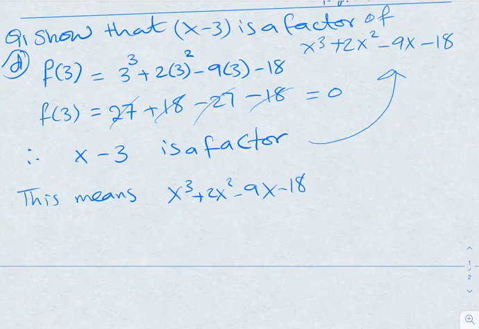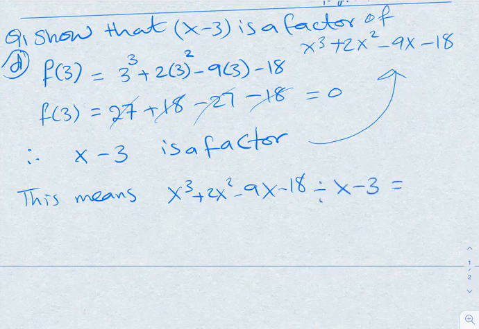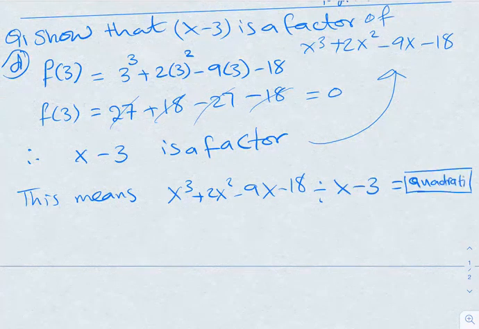That means you can divide this function by x minus 3 and you will get a quadratic term. That means x squared something. Right. I hope you understand this.